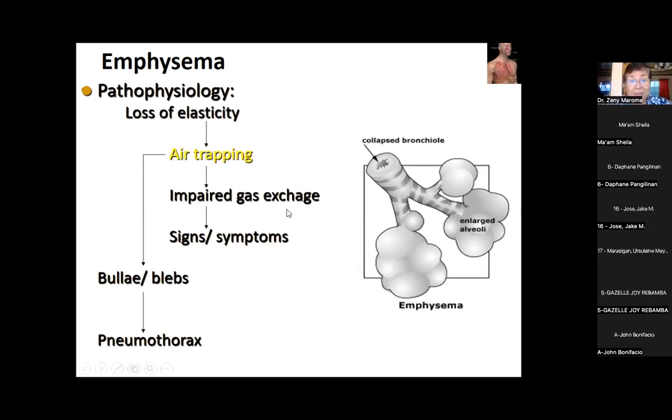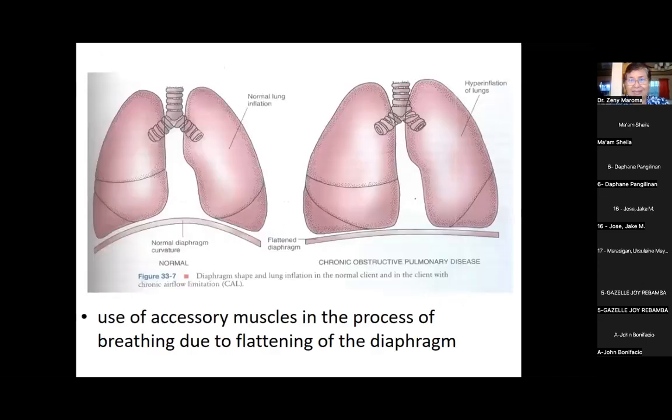There'll be impaired gas exchange. Kaya si patient becomes dyspneic even at rest. Diba nung una, pang-exertion lang eh. Even at rest parati siyang nahihirapang huminga, always gasping for breath. Increased energy expenditure. Gumagamit siya ng maraming energy. Kaya si pasyente, nangangayayat, thin and emaciated.